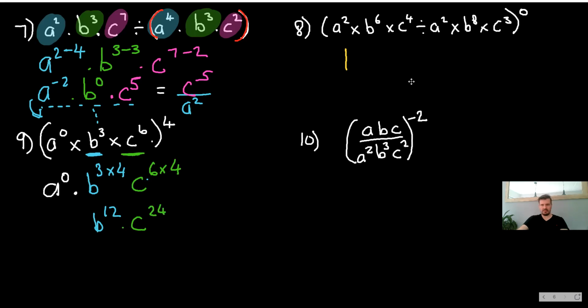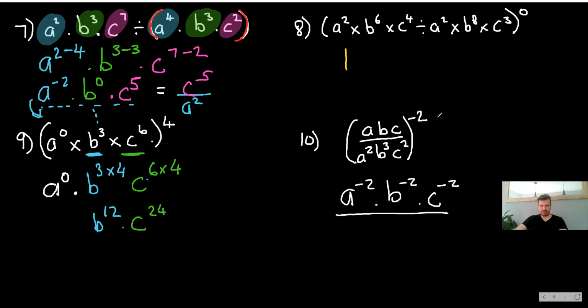Okay, the last one is just a little trick that we're going to do. Now, when we have a negative exponent to the top of a bracket, we know that A to the negative 2, things can just jump to the bottom and become A to the 2. So I could make this A to the minus 2, B to the minus 2, C to the minus 2.